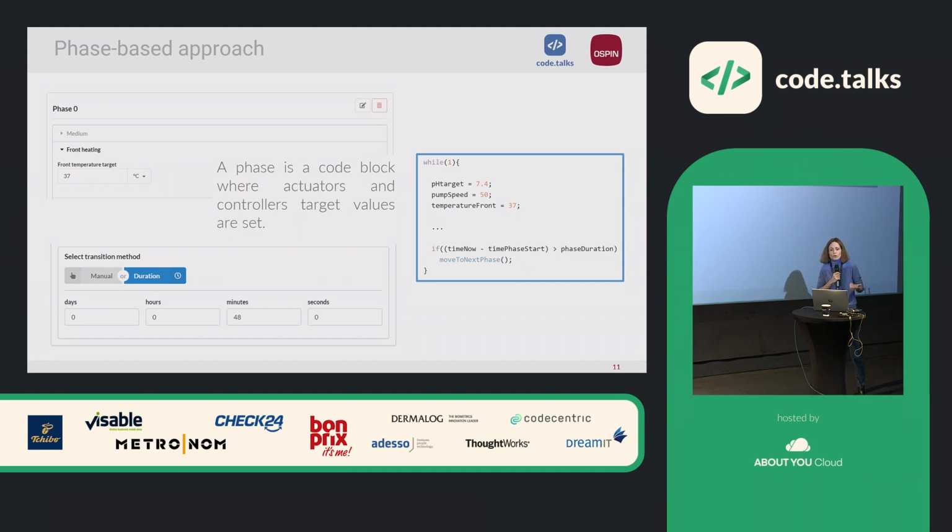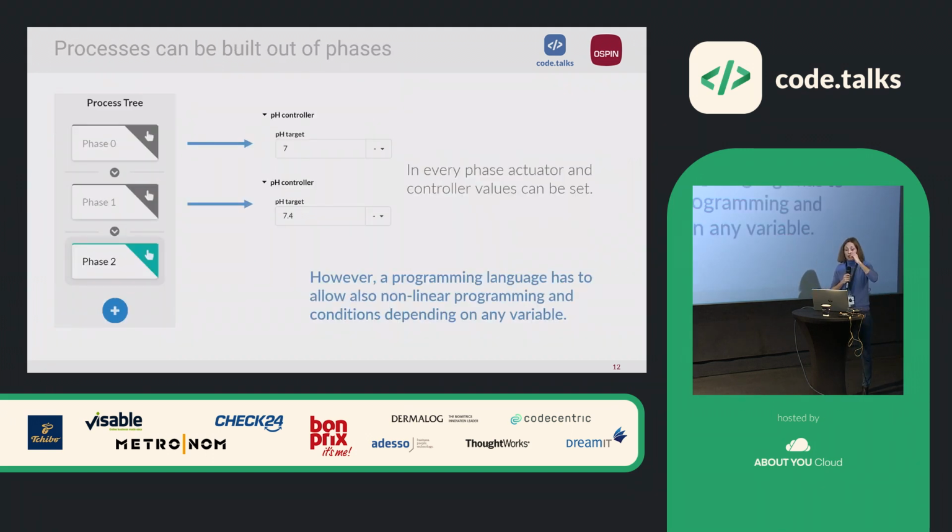Now, I want to run a program. A code block is not enough to run a program. How can we do that? Well, we can simply create more phases, so having more code blocks. If you take the example again of the pH controller, it means that in the first phase, I can, for instance, say the pH should be 7. And then in the second phase, say, oh, my pH now should be 7.4. And I can do this for all modules that I have in my machine.